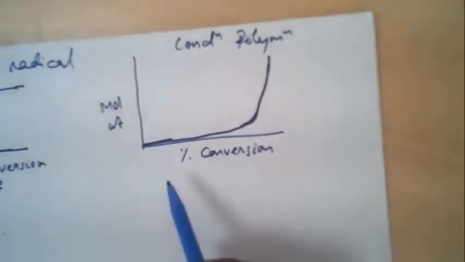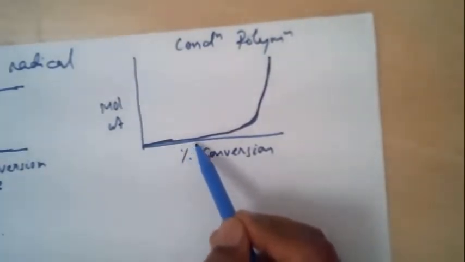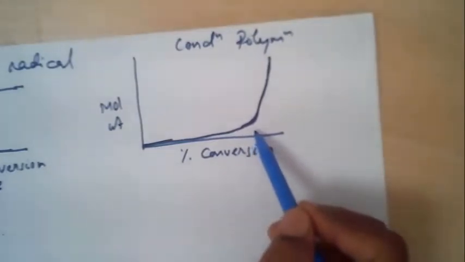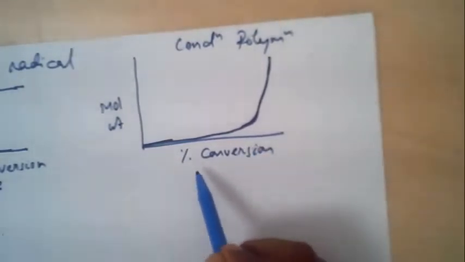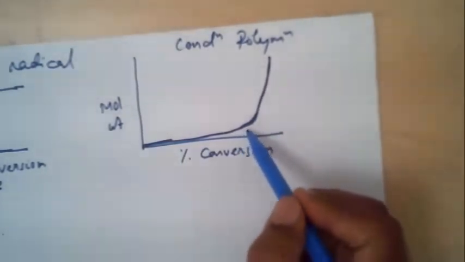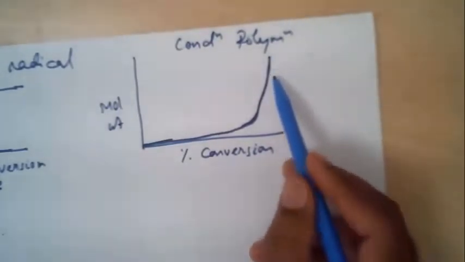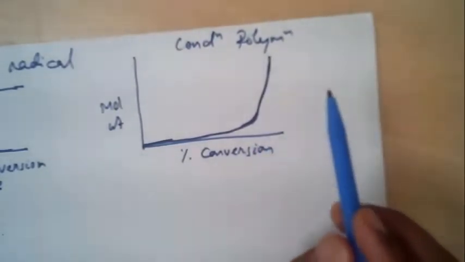It will follow something like this. So the molecular weight buildup will be very slow initially as the conversion increases, but it almost increases exponentially at higher percentages.